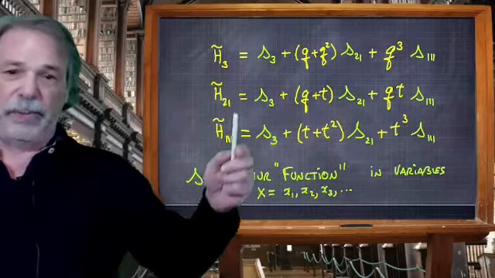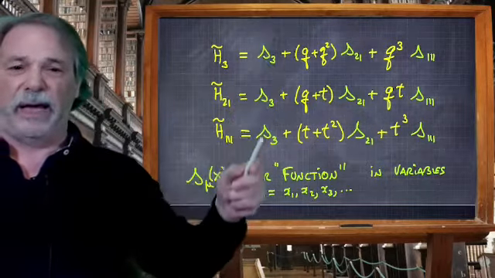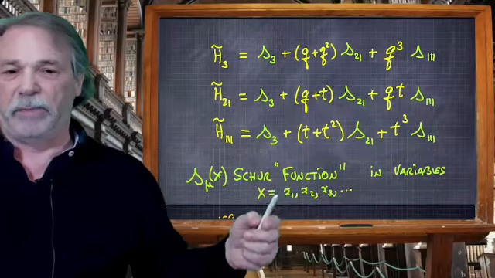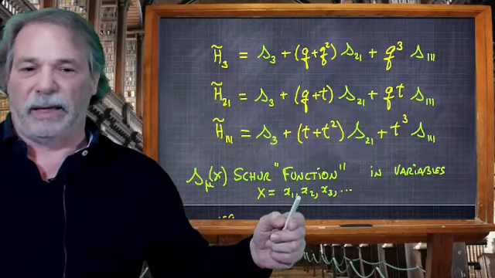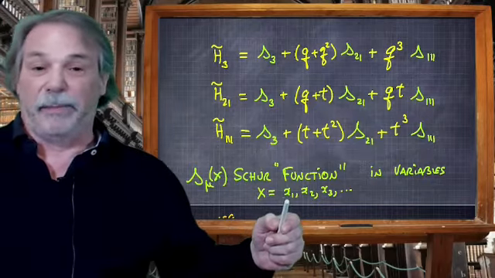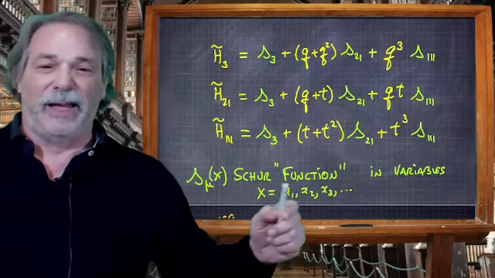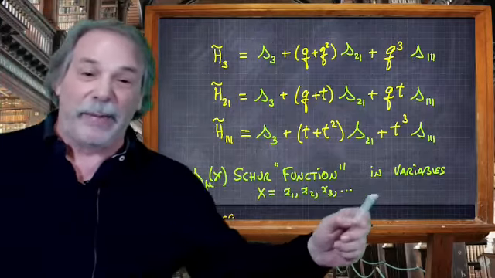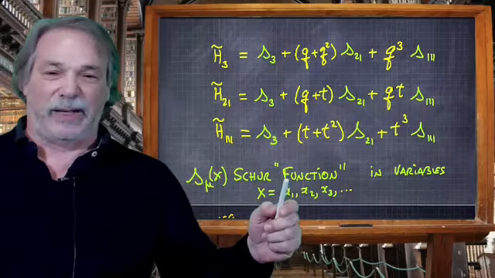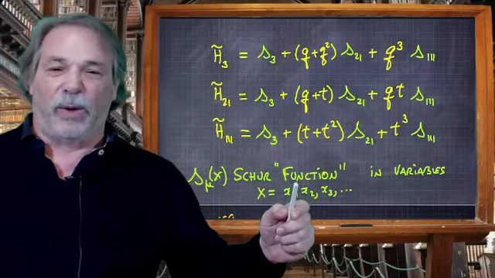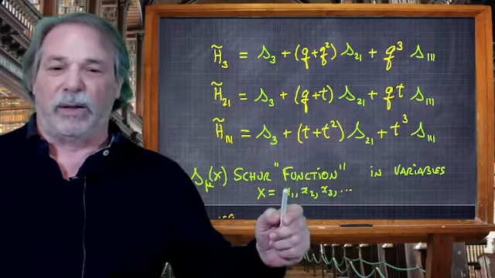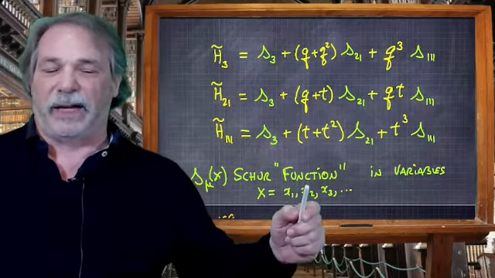So, each of these green S's are polynomials. Let me say something that I shouldn't say. Polynomials in infinitely many variables. But that's why we sometimes call them functions. It's not actually because they're complicated.